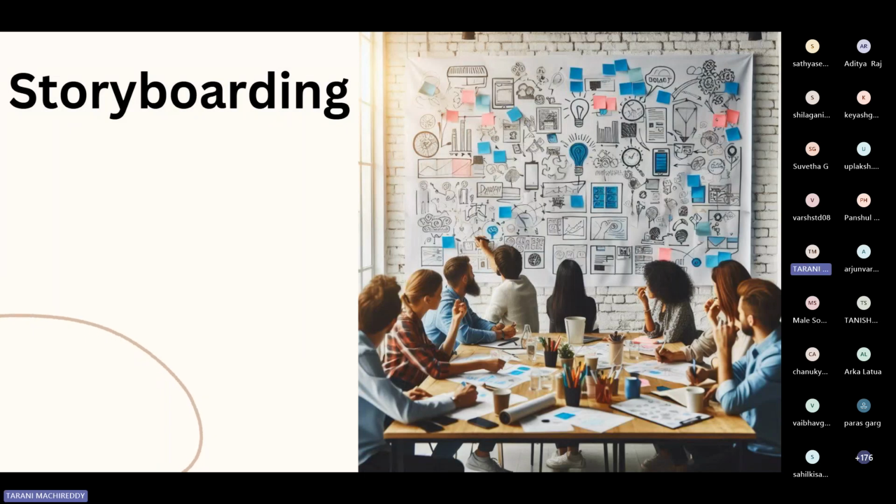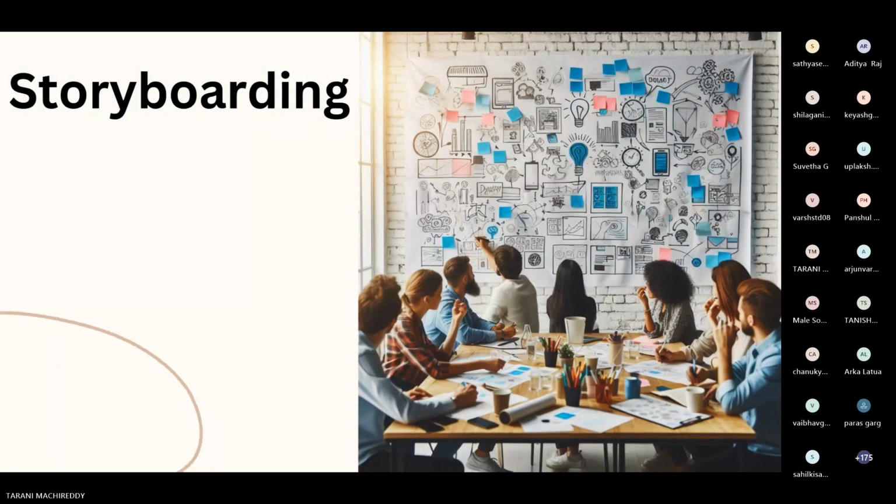When a film director or a person comes up with a story or an idea, they'll use the storyboarding technique, so it will be easy to visualize for everyone. It helps to translate abstract concepts into clear visual narratives. So what does storyboarding actually mean? It is a visual representation of a sequence of events or processes.